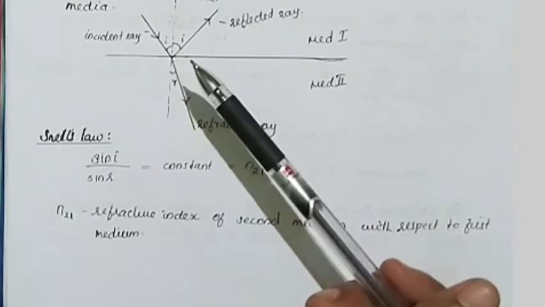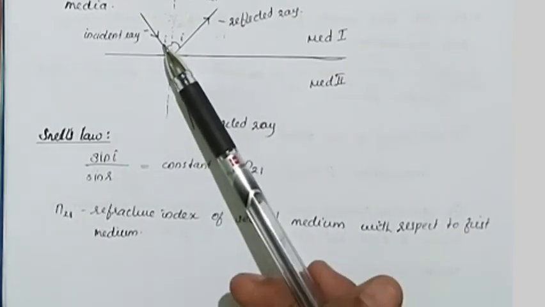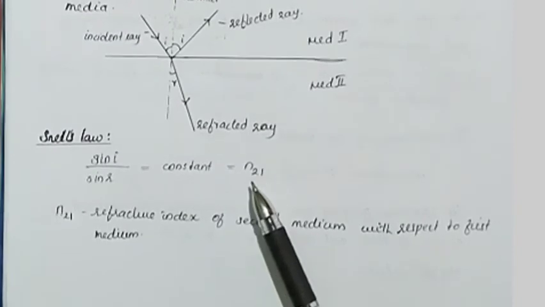The ratio of the sine of these two gives the refractive index of the second medium with respect to the first medium. So n21 is given by sin i by sin r.